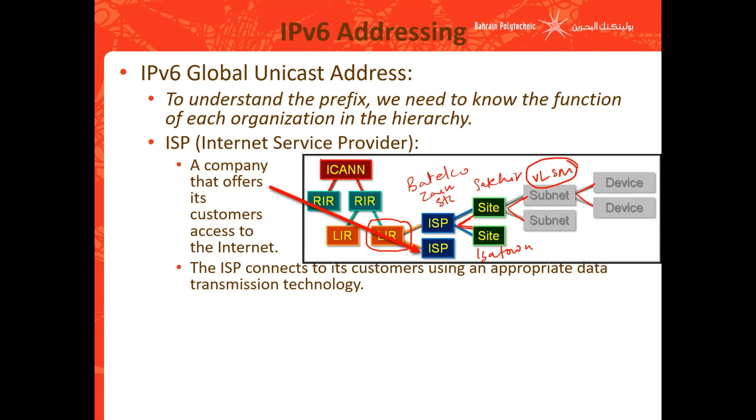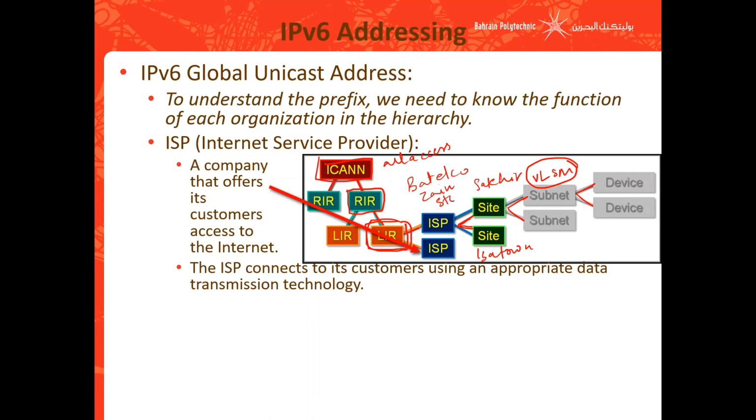So basically, ICANN has access to the numbers that are available in addressing. Each region has been provided some numbers. Those numbers are further allocated to local internet registries, and they manage who gets allocated what number.